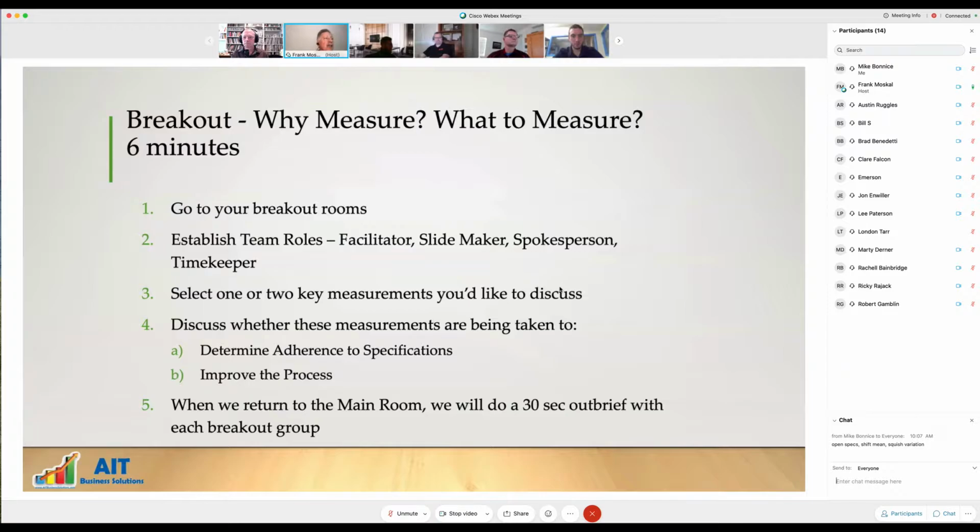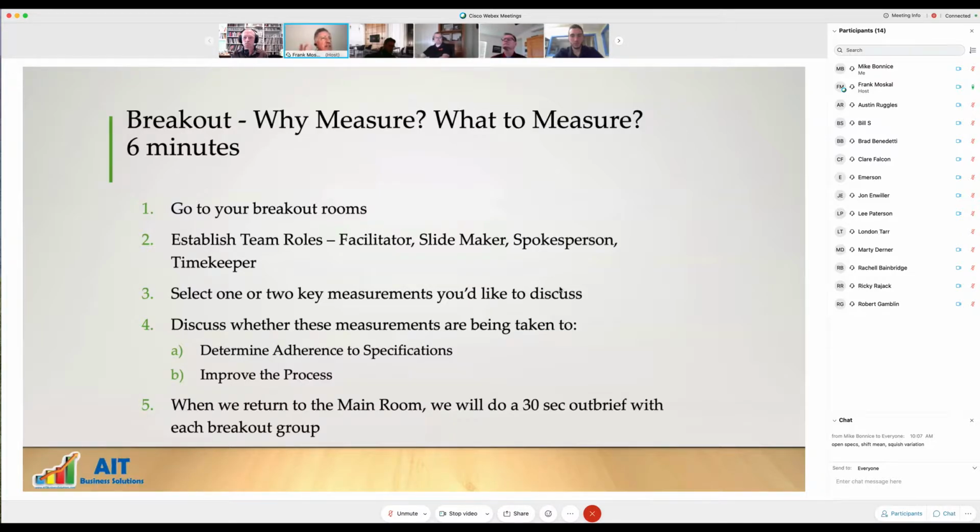All right. And I'd like you to break out and talk about a couple key measurements, maybe that have been running across your desk lately, that you wanted to talk about, discuss those, and talk about whether you're trying to take that measurement to prove that you're meeting a specification, or are you using those measurements to improve the process?